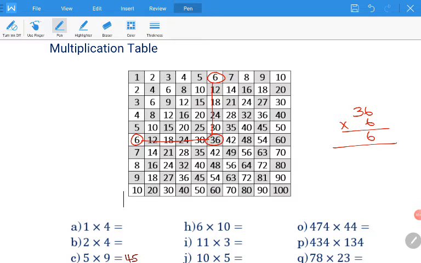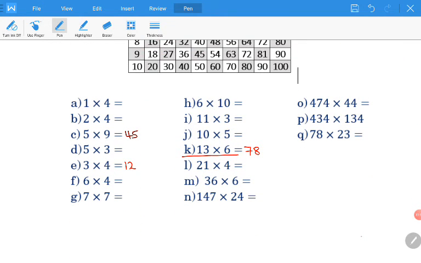So it's actually 6 carry 3. Then 6 times 3, they are meeting here, so the answer is 18. So if we add these 3, we'll get 21. So 36 times 6 is 216. So this is the answer here, 216.